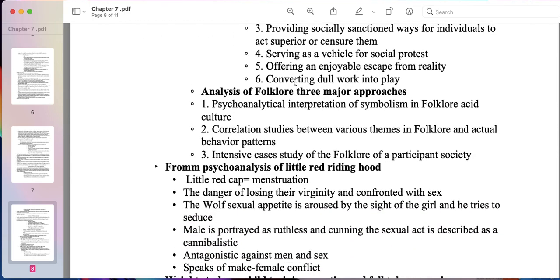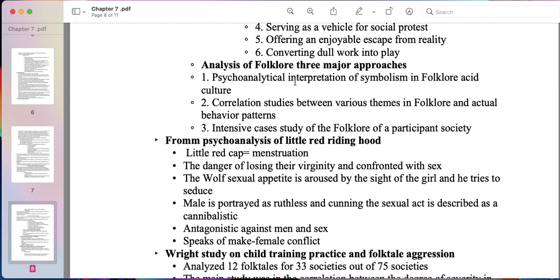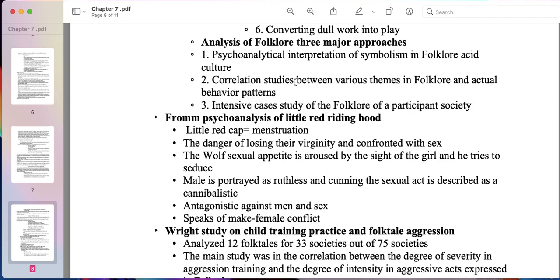And then analysis of folklore is usually divided into three major approaches: a psychoanalytical interpretation of symbolism in folklore and the culture; then correlation studies between various themes in folklore and actual behavior patterns; and intensive case studies of the folklore of a particular society.